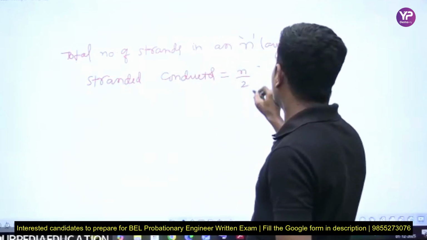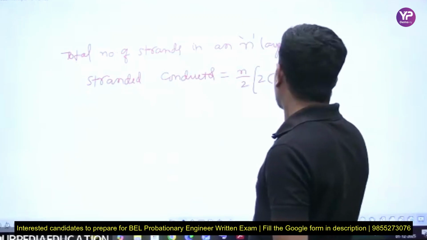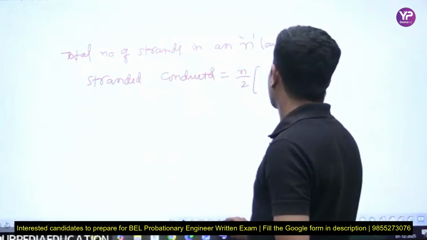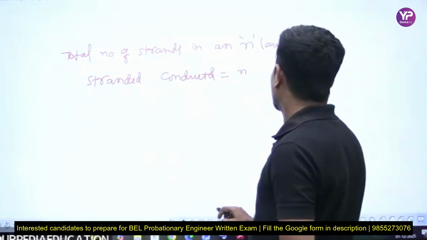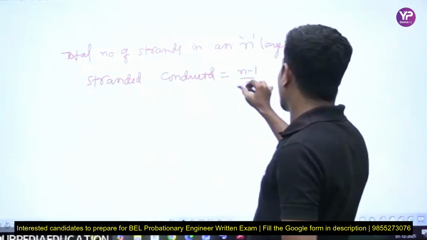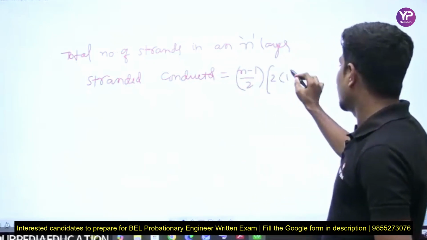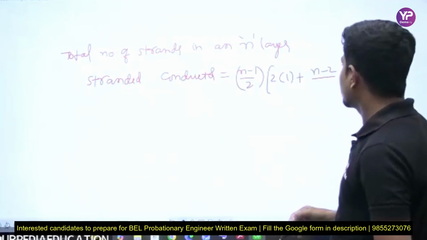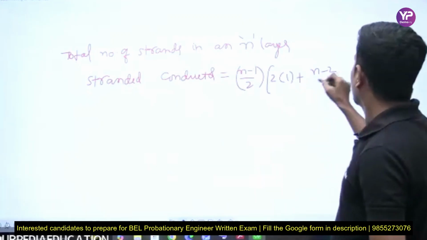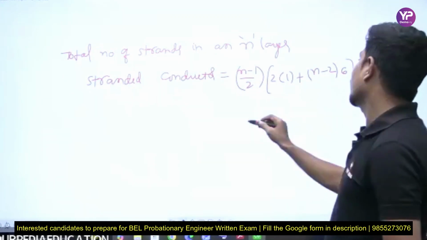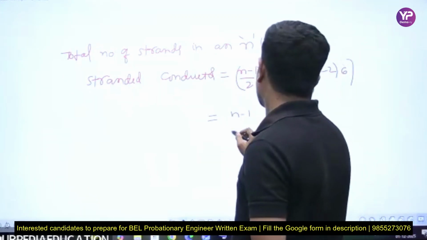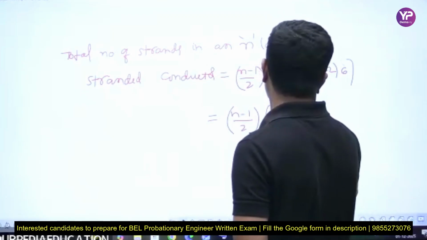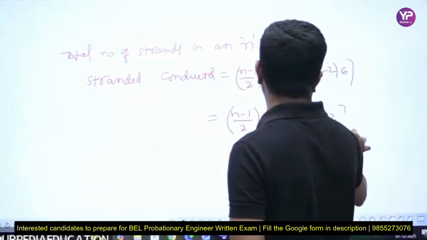N by 2 into 2a plus, sorry, just a minute, I do that. N minus 1 by 2 into 2a plus n minus 1 minus 1 into d, where d is 6. N minus 1 by 2 into 2 plus 6n minus 12.